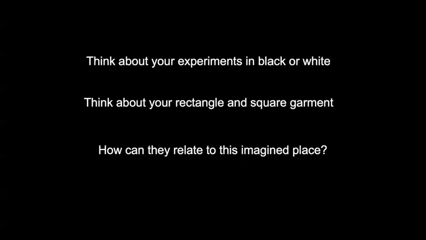Or maybe an edge of your materials could relate to one of the edges. See if there are ways you can use or mine that information in those experiments, and then guide that towards this next garment. So how can they relate to this imagined space?